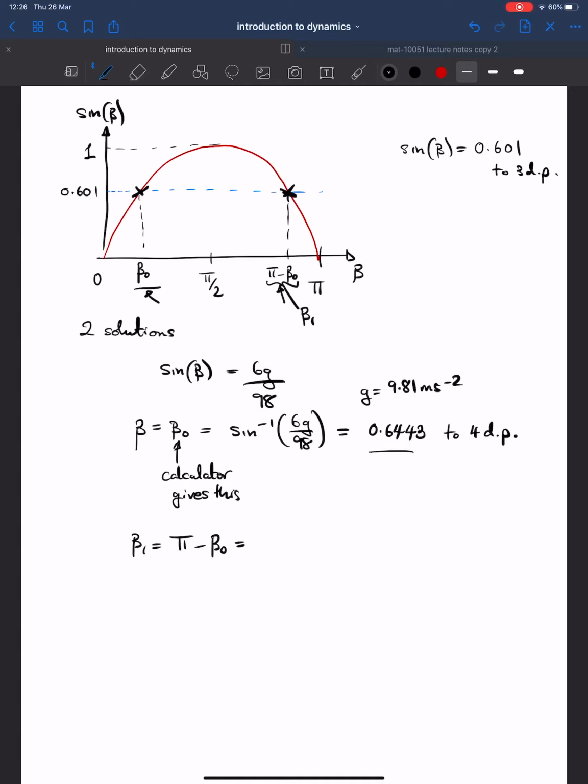So this is pi minus this. Now, the other important point to make is you probably are wondering, what unit am I using? Well, of course, I'm using radians. So this is in radians. This is also in radians.